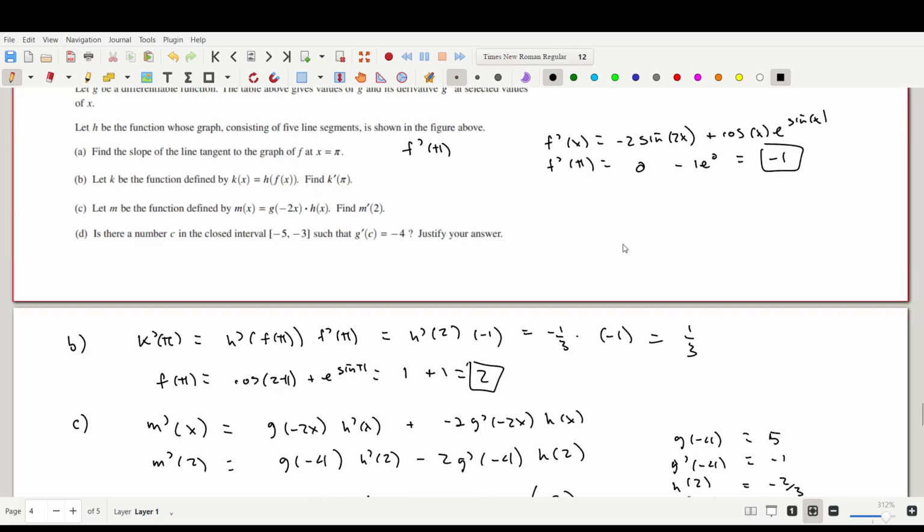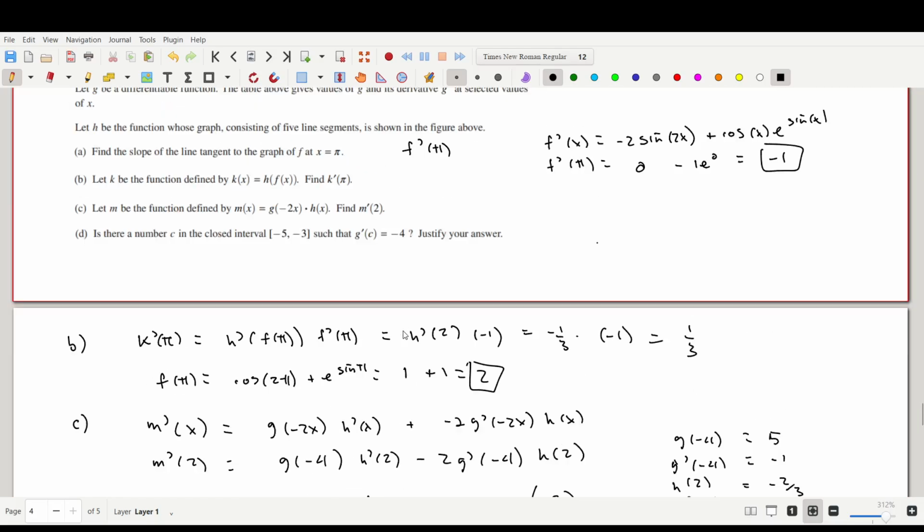Oh, let's do D. Is there a number C in the closed interval -5 to -3? Okay, sorry about that. This is the danger of streaming when I need to schedule things as well. All right. Is there a number C in the closed interval? Blah blah. This is like an MVT problem.